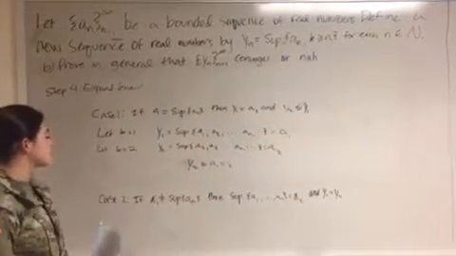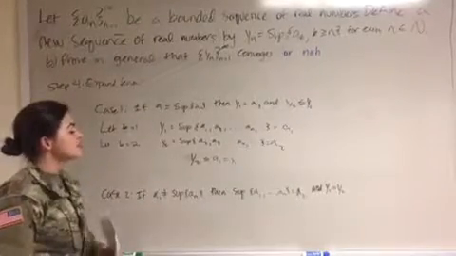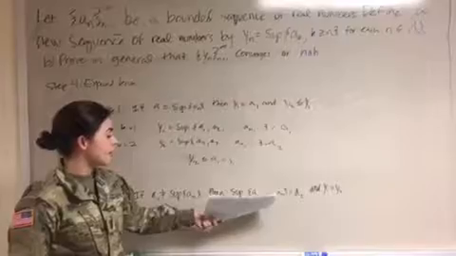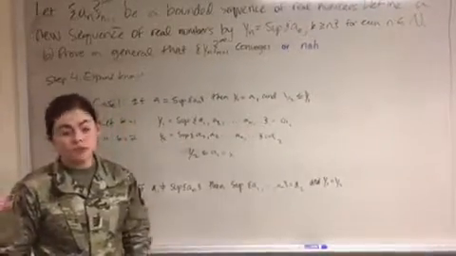For the second case, we know that if a sub 1 is not equal to the sup of a sub n, then the sup of a sub 1 through a sub n is equal to a sub 2, and y sub 1 equals y sub 2.